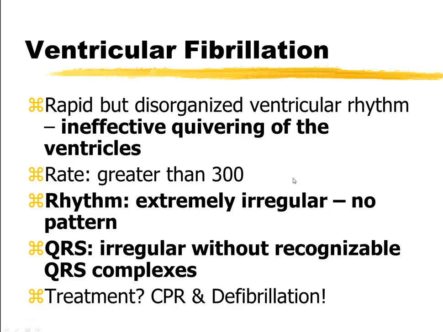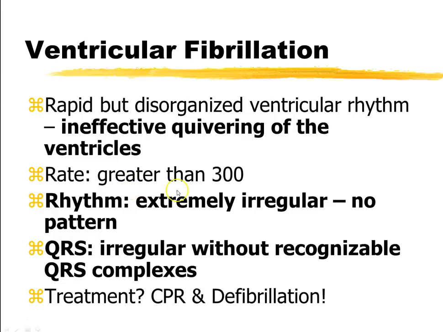Ventricular fibrillation. This is a rapid and disorganized rhythm. There is no real contraction happening. It's just quivering of the ventricles. Again, think back to the PVC we were talking about before, where you have lots of areas of excitability. If you have 50 spots in that ventricle that all want to be the pacemaker and are sending out impulses all over the place, you're going to end up with ventricular fibrillation sooner or later.